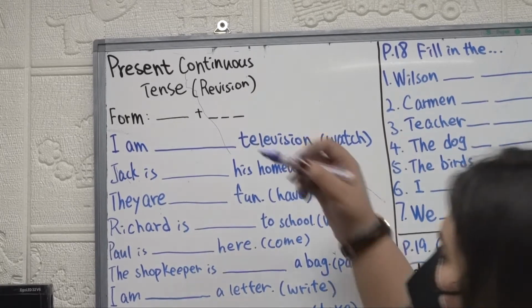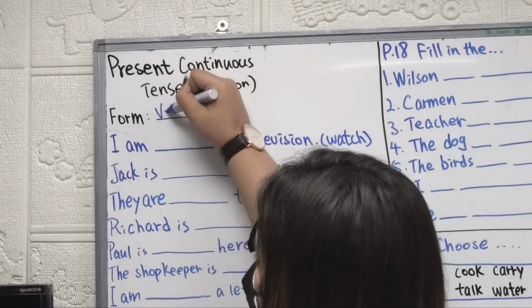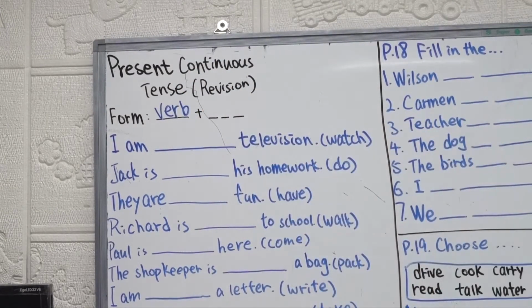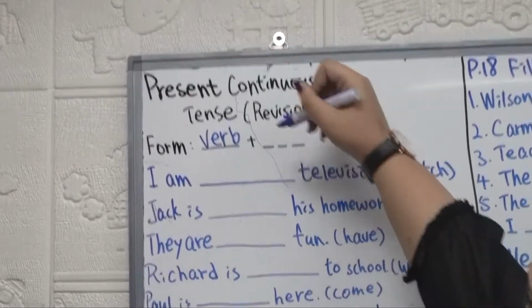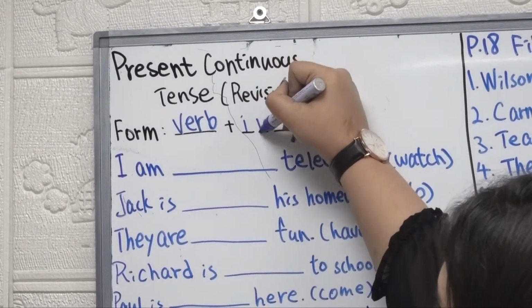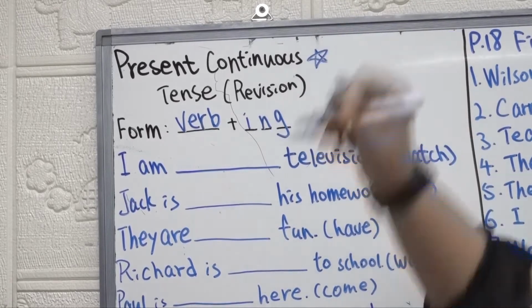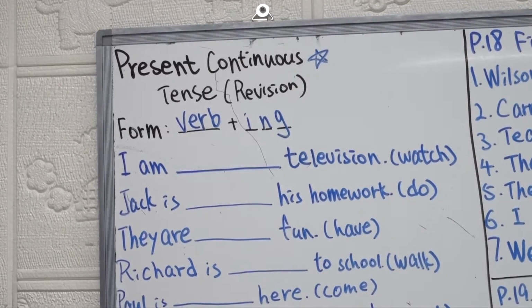We have a verb, right? Verb with what? Present continuous tense is verb with ing. Remember? When do we use present continuous tense? Very important.